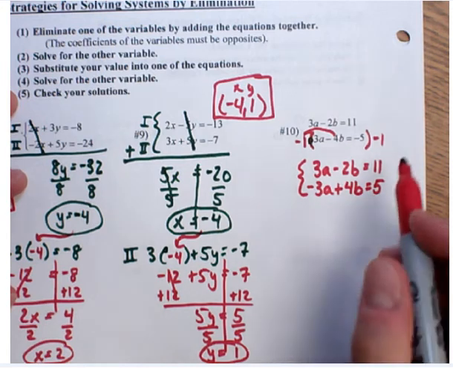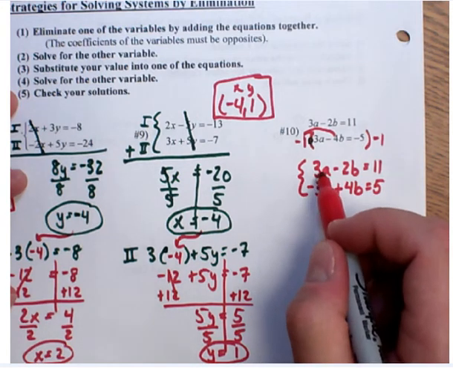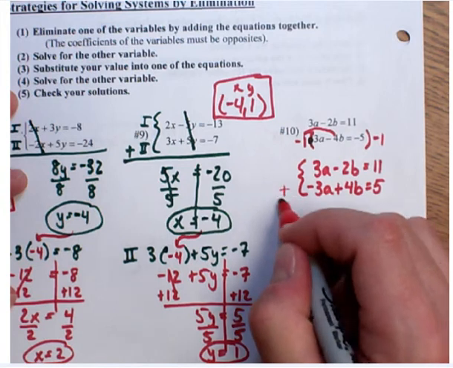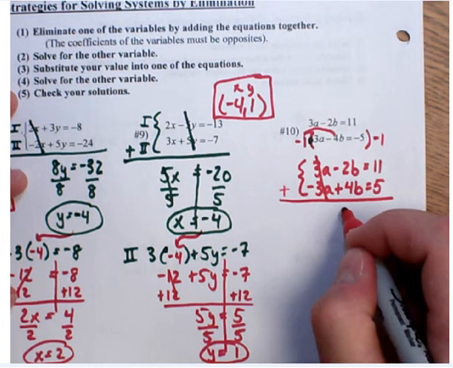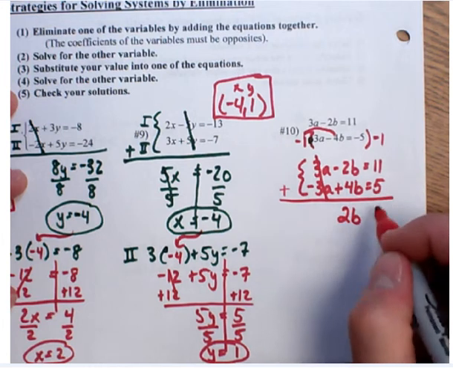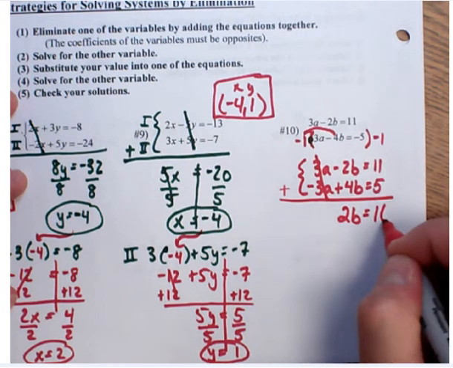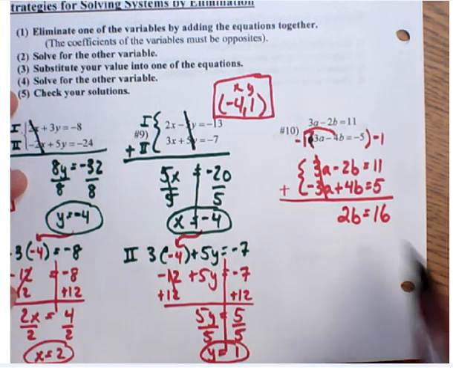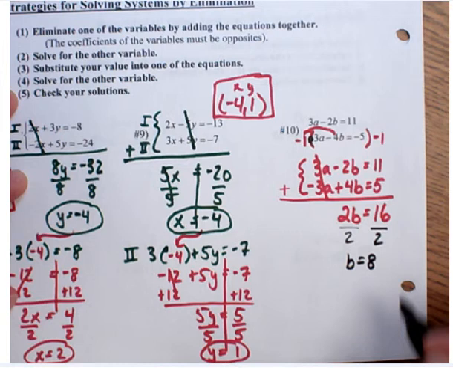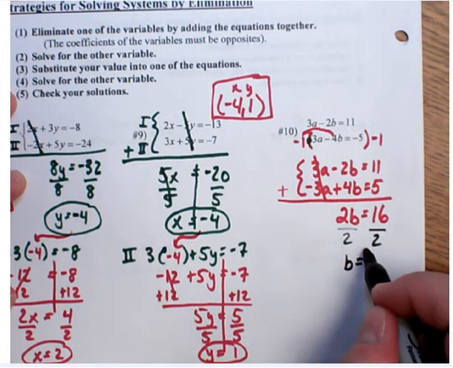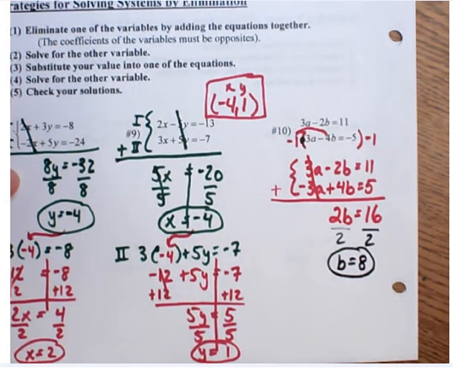Now what we'll do, we have opposites for the a's. We're going to add them. So we get 0a. This is +2b. -2 plus 4, and 11 plus 5 is 16. We solve, divide by 2, divide by 2, b is equal to 8. Now you have to figure out the a value. So let's go back.